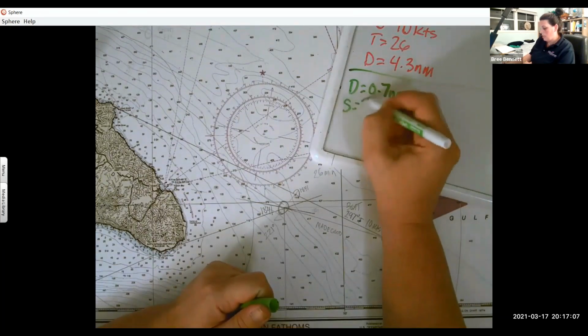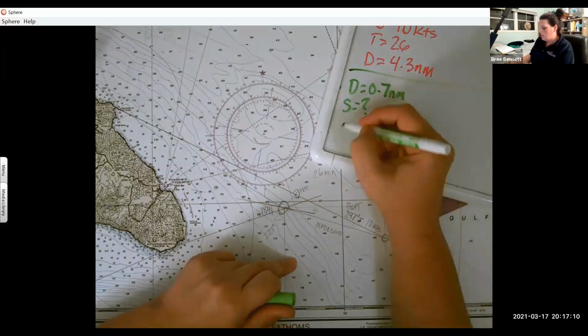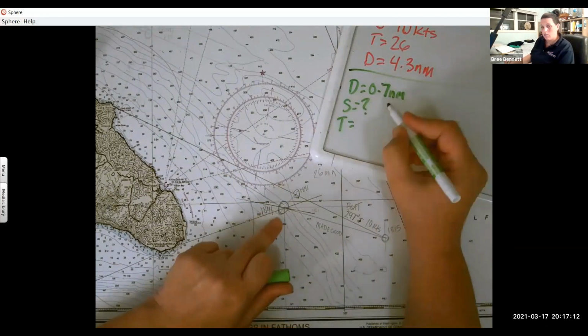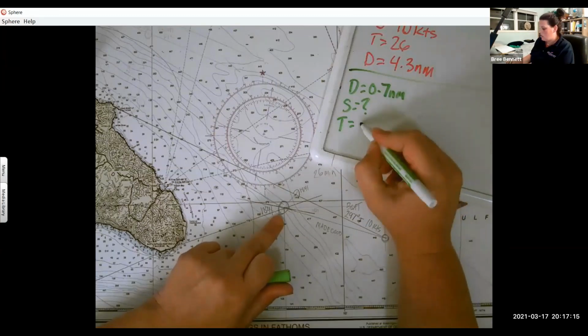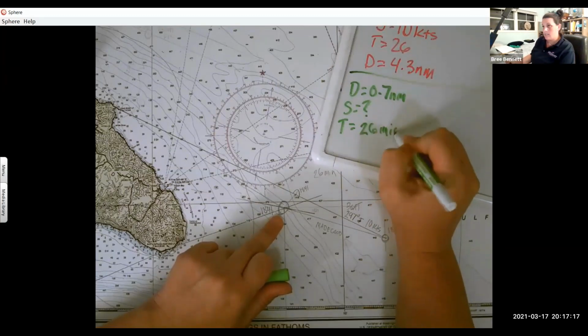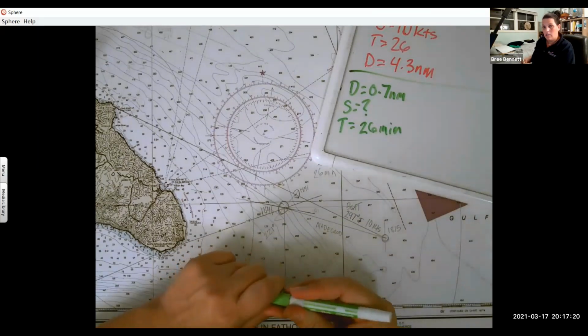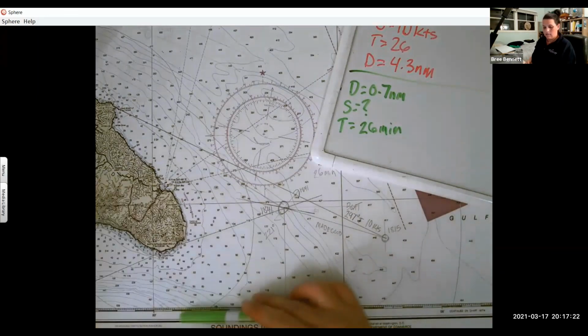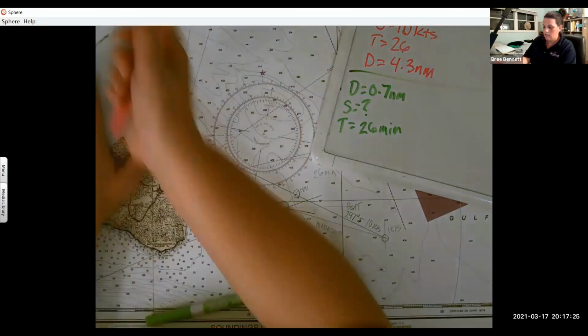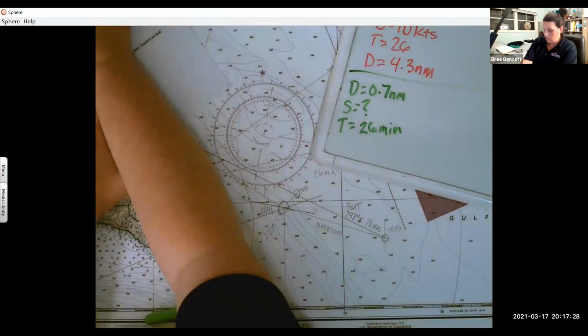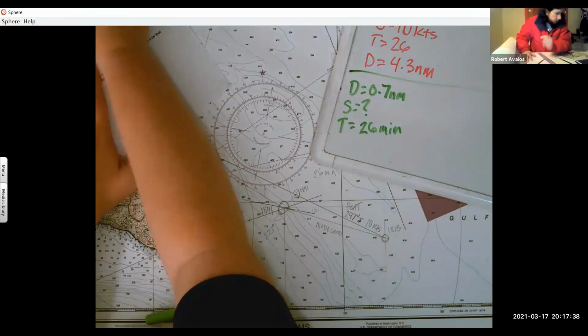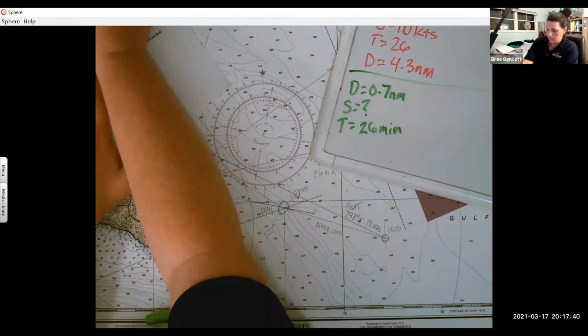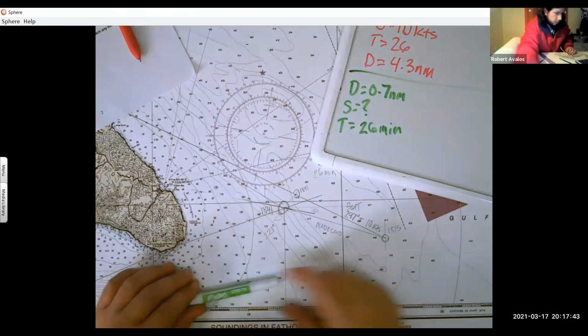I'm looking for speed. How fast did it push me? The time that it took to push me 0.7 nautical miles was 26 minutes. 4.6 knots. Correction, 1.6. I was like, that's really fast.